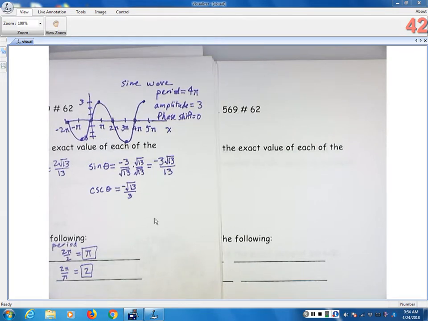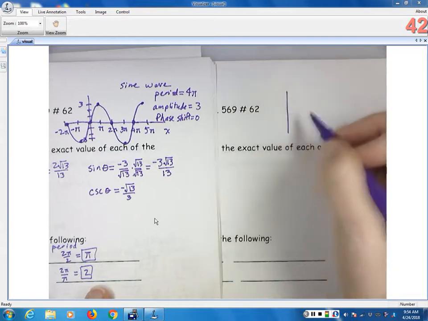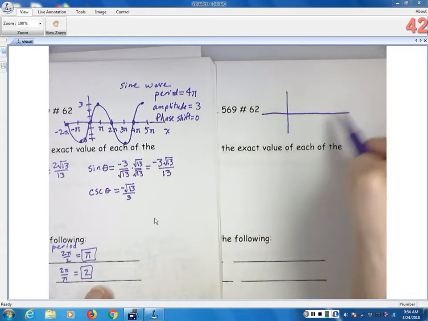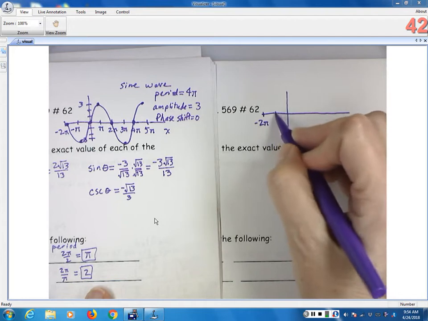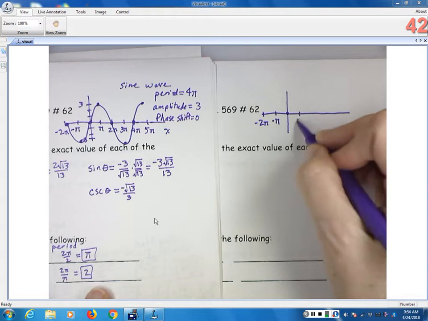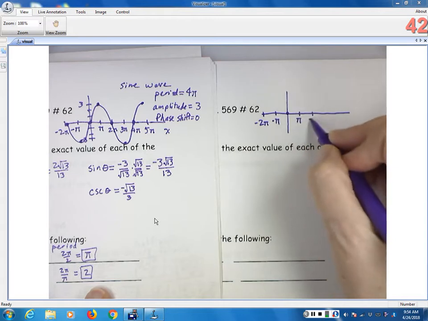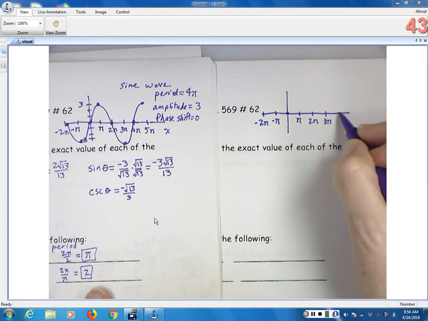So minus 2 pi, pi, 2 pi, 3 pi, 4 pi, 5 pi.